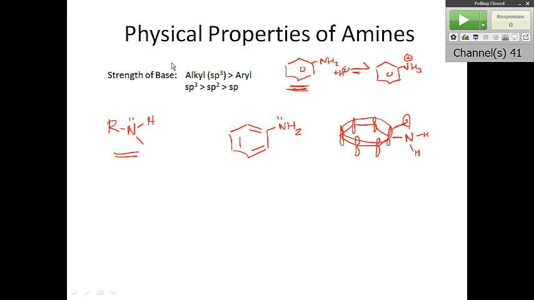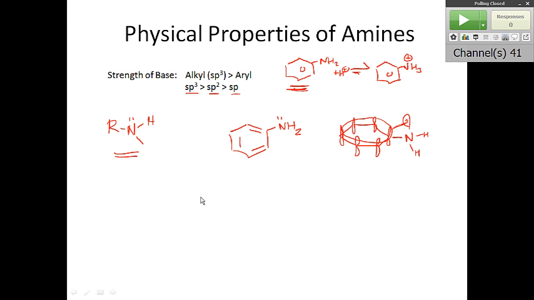And then the other trend is sp2, sp3, and sp. An sp3 hybridized nitrogen has the lone pair more accessible than an sp2 hybridized nitrogen, and that's more basic than an sp.